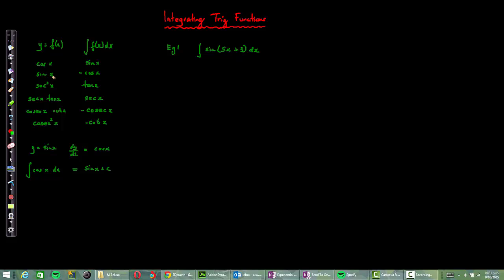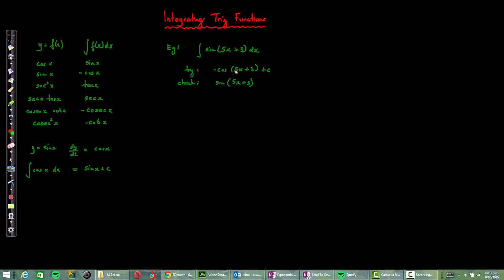So we can see here that the integral of sine is negative cosine. So I'm going to try, say, well, maybe the answer is negative cosine 5x plus 3. And we're going to check that by deriving. So if I take this function here and derive, the derivative of cosine is negative sine, so the derivative of negative cosine will be positive sine, and 5x plus 3.